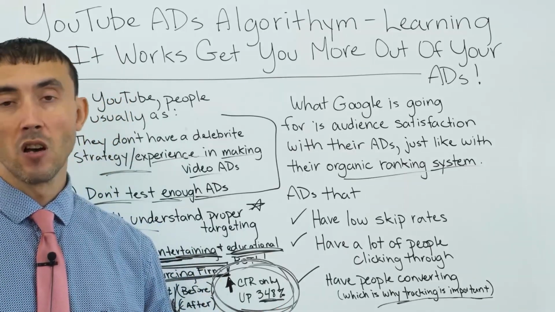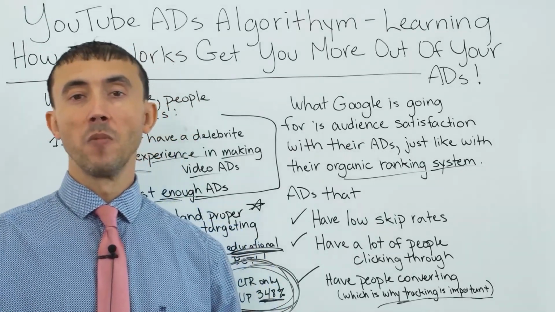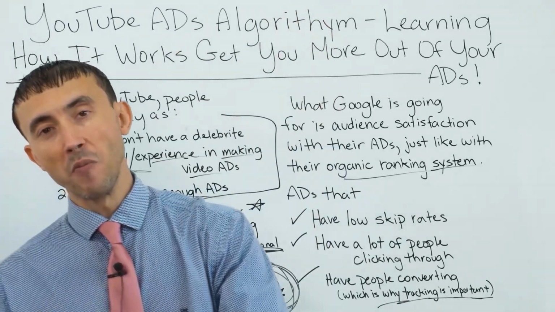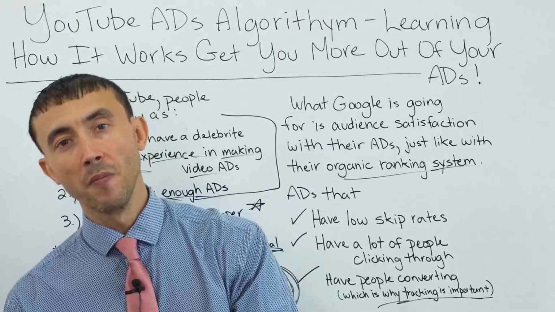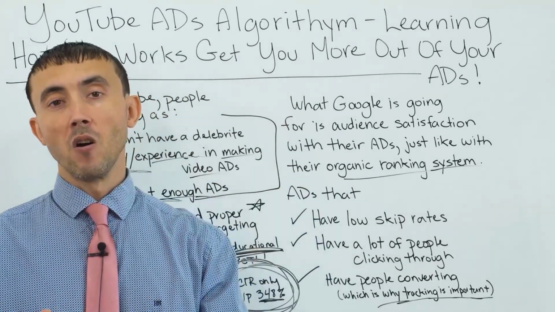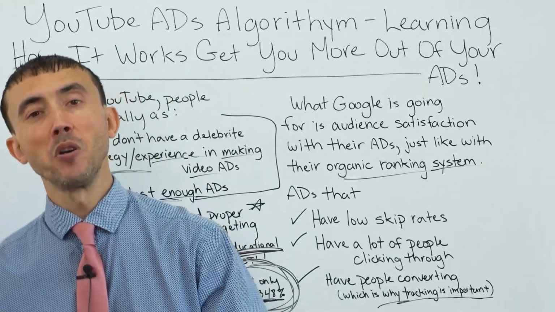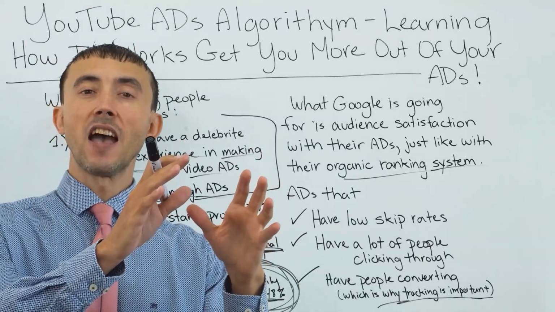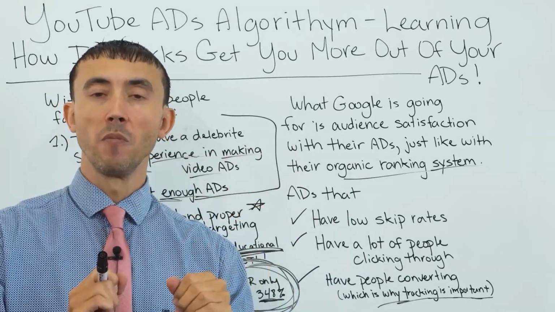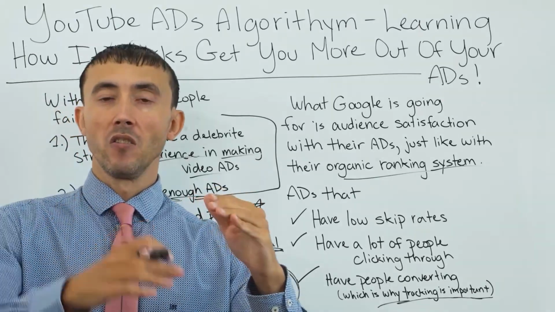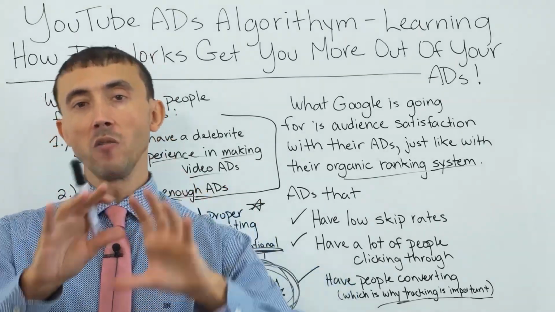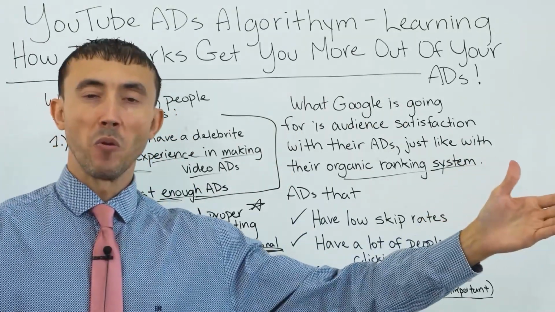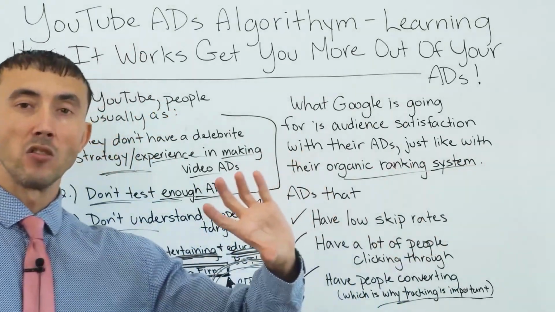Just like with the Google search system, they're making sure the top guys make more money and they're taking away from the guys not doing as good a job to give it to them, because they want to push the guys with the crappy ads out while maintaining the good guys that have the best ads long term. So people come in, they run their ads. Their goal is to score you, see where you fit in terms of the other advertisers, and measure you against all the other people running ads to the same audience, the ones that do good.